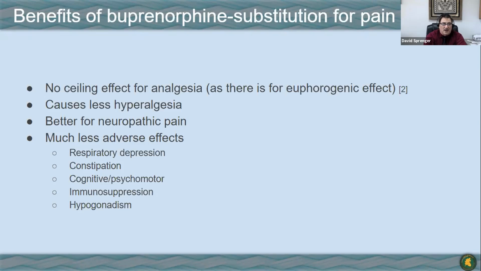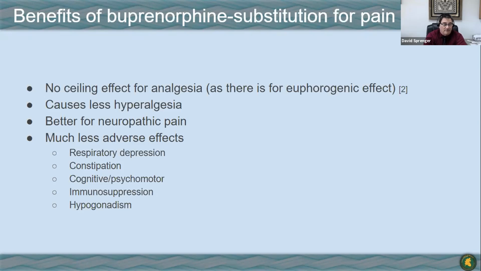It causes less hyperalgesia. I'm sure most of you have heard about the opioid-induced hyperalgesic effect that occurs with folks that are being treated chronically with opioids. Basically, there's a downregulation of the pain receptors, and people become more susceptible to painful stimuli.